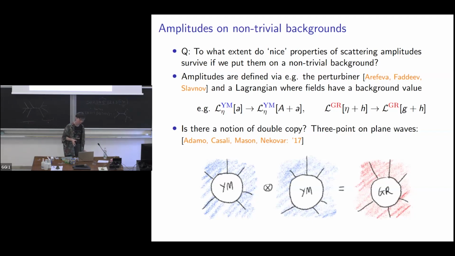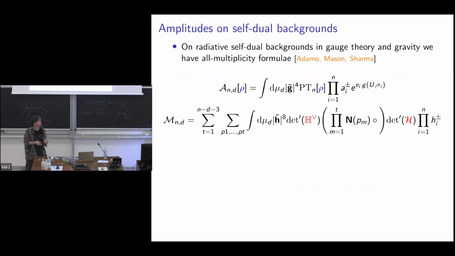Okay, but the three-point case, which has been done, is not a very high multiplicity. It doesn't give us very much data on how this could actually work. So we can make use of some all-multiplicity formulae that you can derive using twistor theory on self-dual backgrounds, given by these two. You don't have to think very much about what's actually going on here. The key components are that this is an amplitude on a Cartan valued radiative self-dual background, and the key element here is that we have the Parke-Taylor factor again.